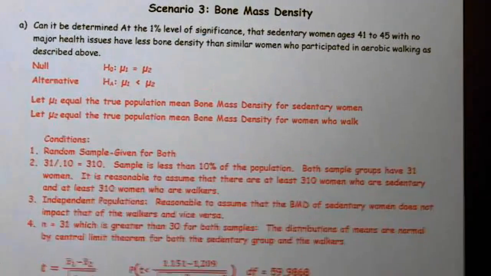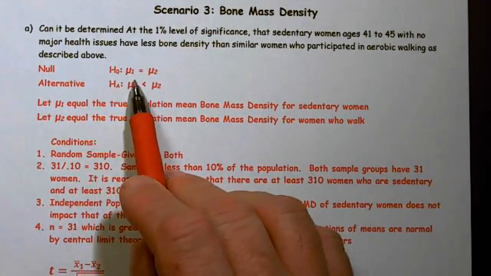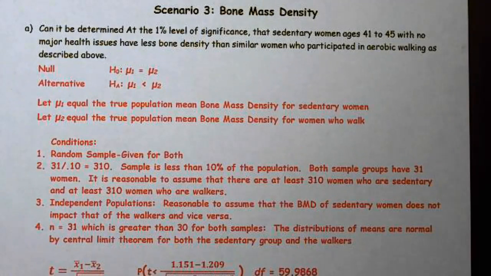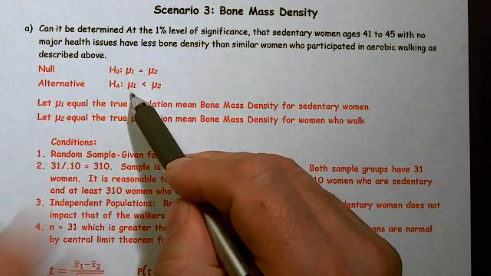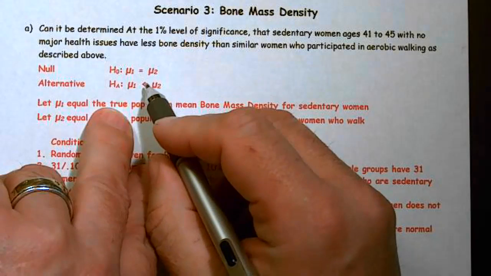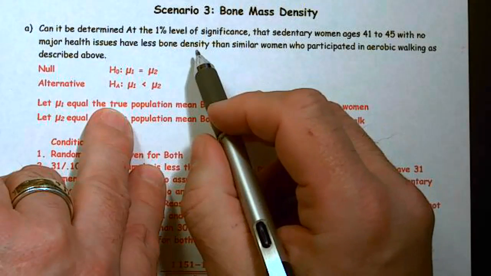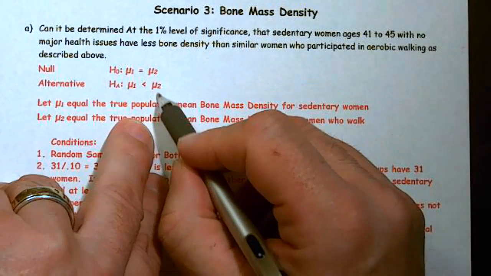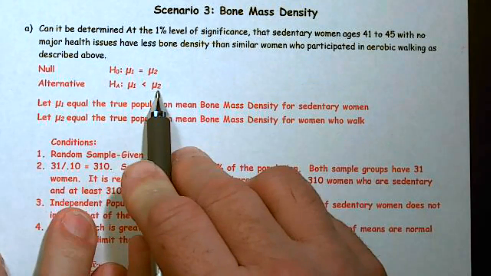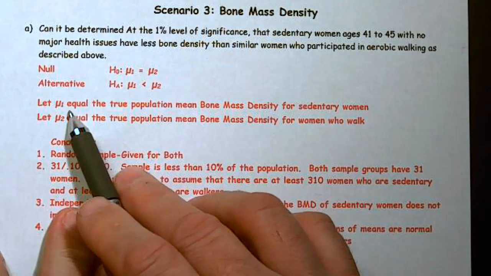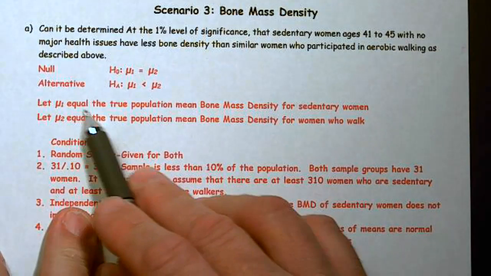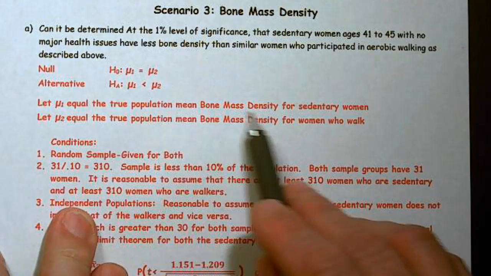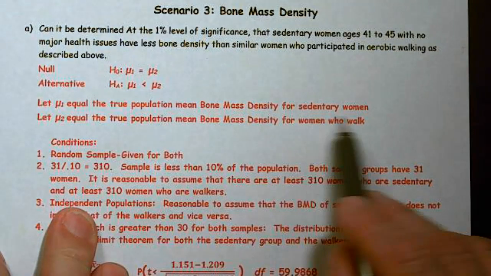So our null hypothesis, mu1 equals mu2, and the alternative, mu1 is less than mu2, because we're trying to see whether or not sedentary women have less bone mass than women who walk. I need to make sure I define it that way. Mu1 equals the true population mean bone mass density for sedentary women.